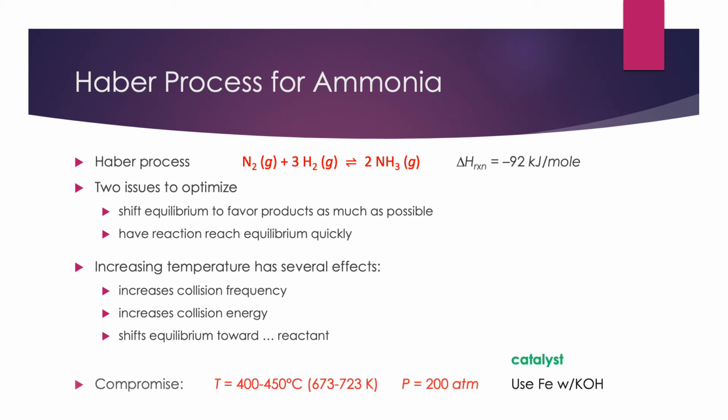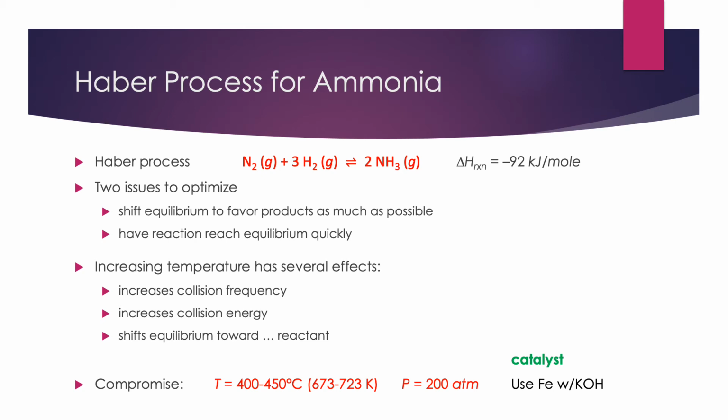Well, there's actually a compromise that's done. We do raise the temperature, so to 400 to 450 degrees centigrade, which, remember, in Kelvin is 673 to 723. We also increase the pressure to 200 atmospheres. That's a huge pressure, and it is very expensive for industries to impose this pressure, but it would be even more expensive if they had to raise it even higher. Finally, they add a catalyst.